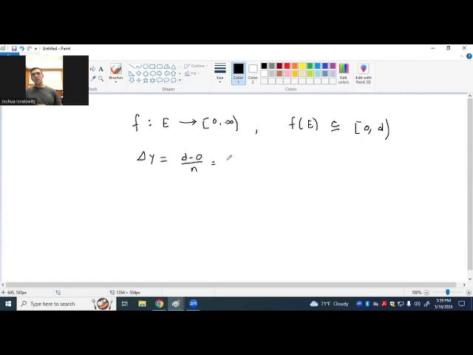And let's say y_i, my partition points for i equals 0 to n, is 0 plus i delta y. So it's just i d over n.